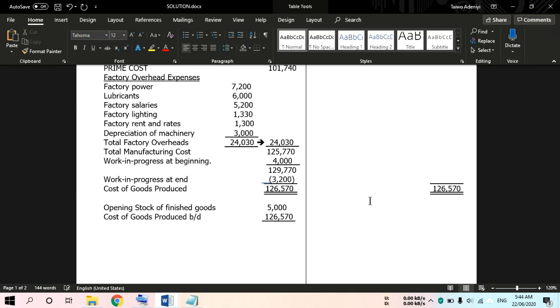That will give us cost of finished goods available for sale. That's 131,570. Good.